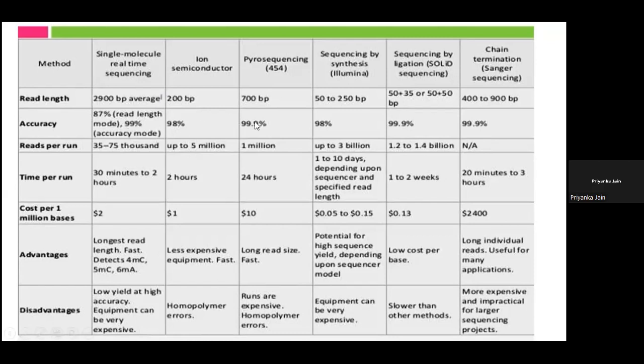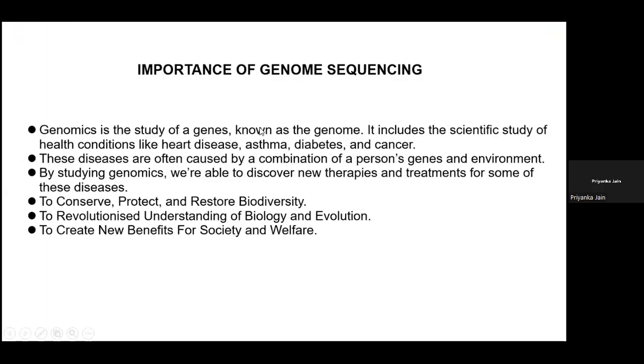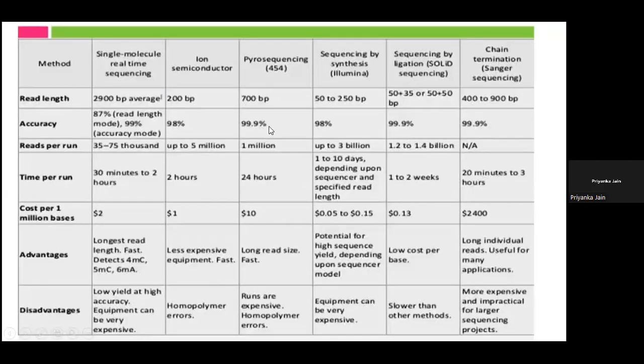Pyrosequencing, which was used earlier and was not cost effective, used to give 99.9%. Illumina sequencing by synthesis was giving 98% accuracy, and sequencing by ligation, that is SOLiD, is giving 99% accuracy, while chain termination is also 99%.